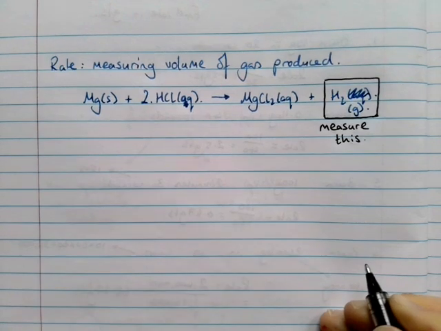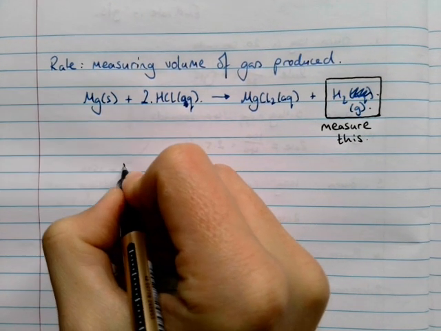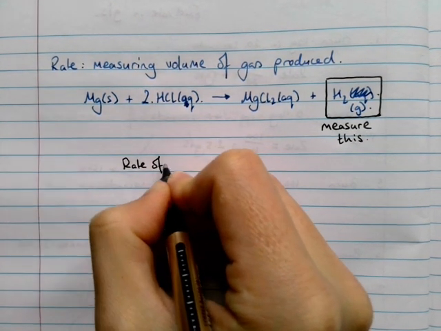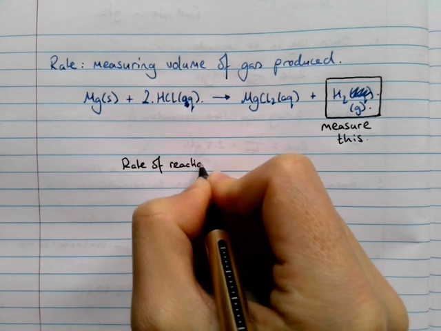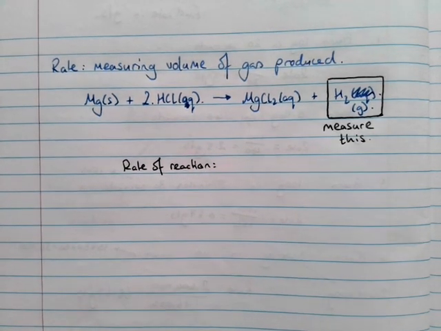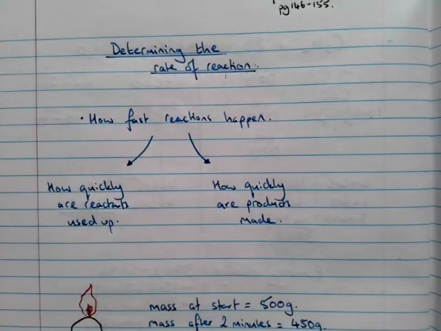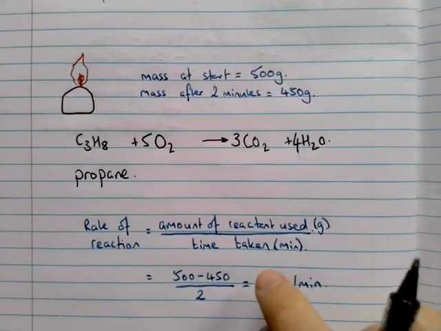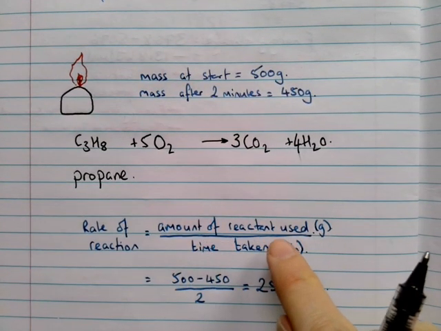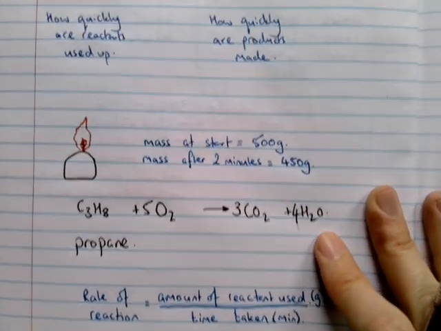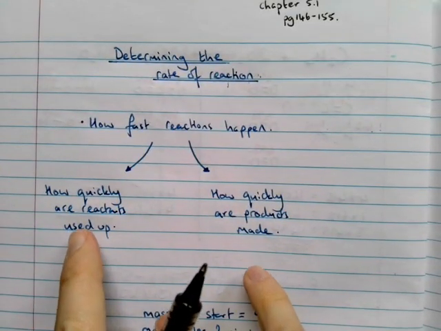We're going to measure that. And we're going to remember that the rate of reaction, so you'll remember from the last video that we had the amount of reactant used divided by time taken, but I did tell you that you could do it either way. You could do it with the reactants or the product.